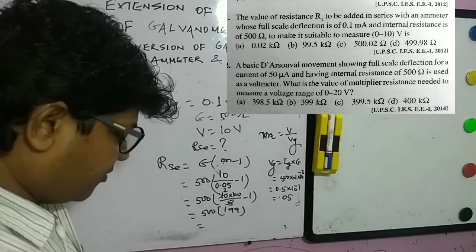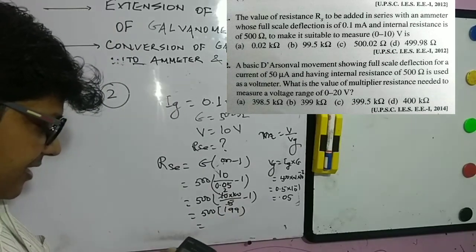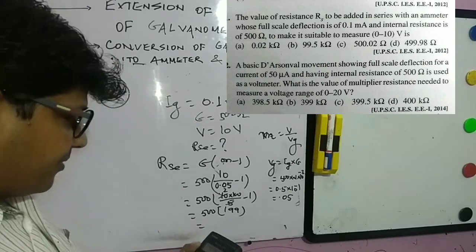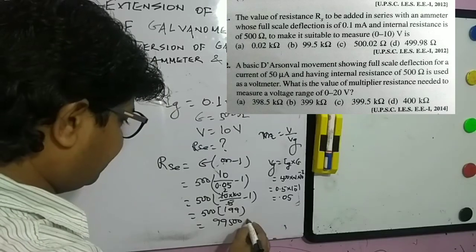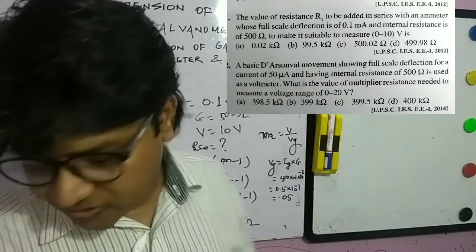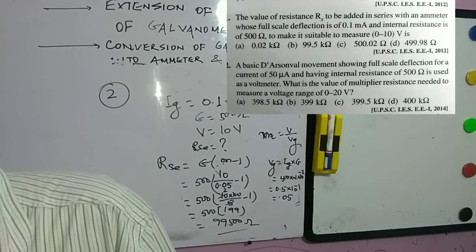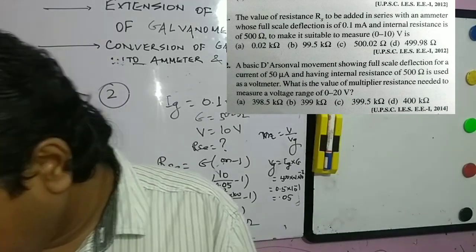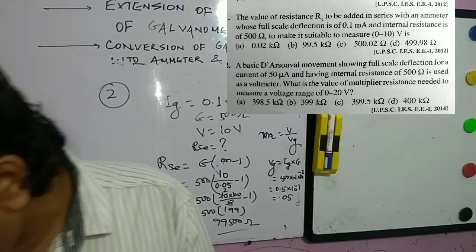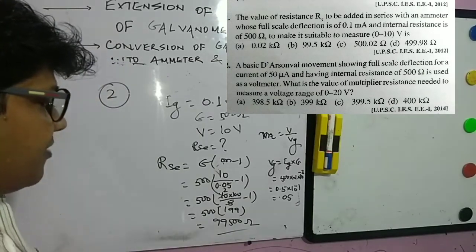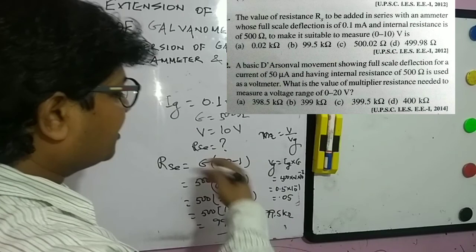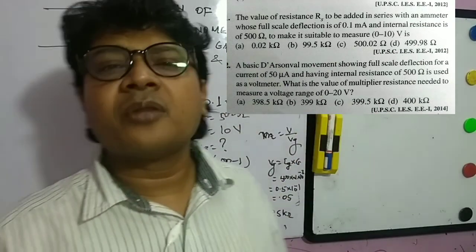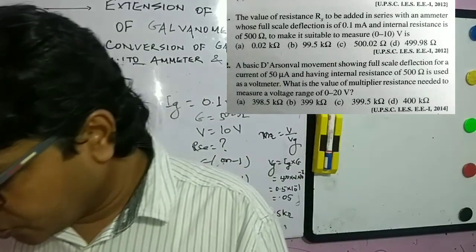So 199 into 500. So this is equal to 99500 ohm. This is the value. So we are getting the correct answer, 99.5 kilo ohm. So in this way we can solve any number of problems you want.